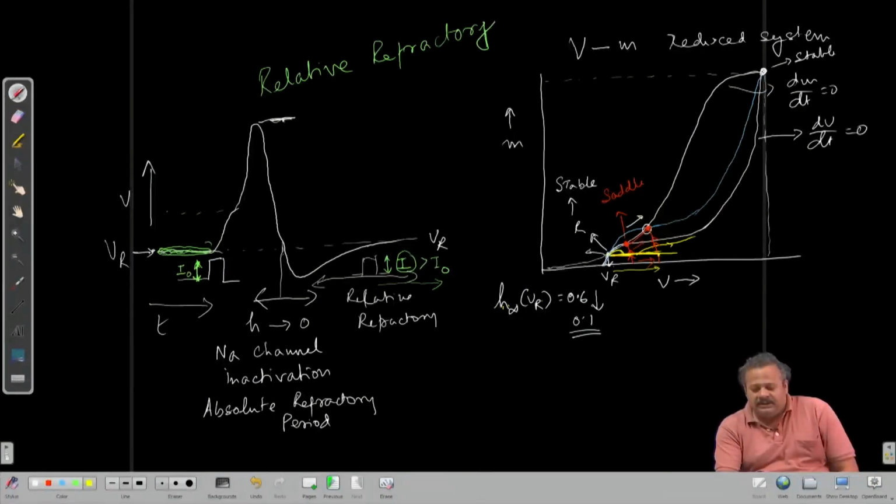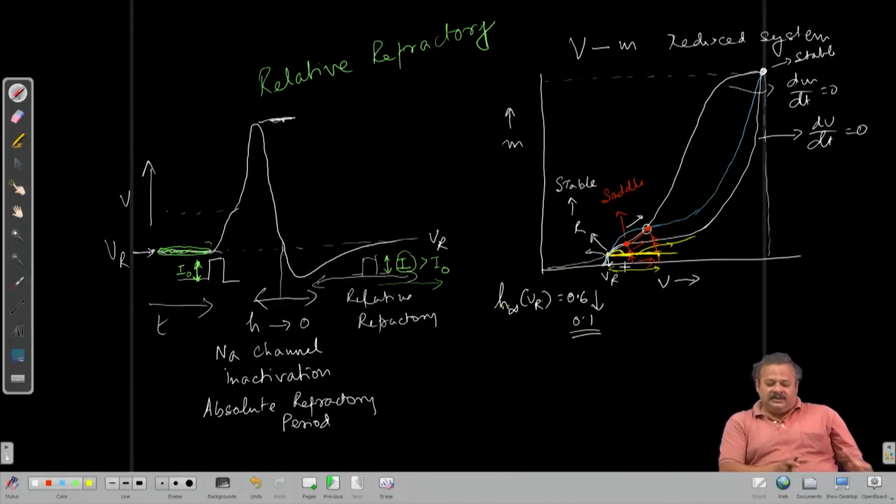So, this is what is effectively happening during the relative refractory period. In this period, even though the voltage is at rest or very close to rest, the same values of VR as before the action potential do not reflect the same condition of the system. Remember, it is not only VR.